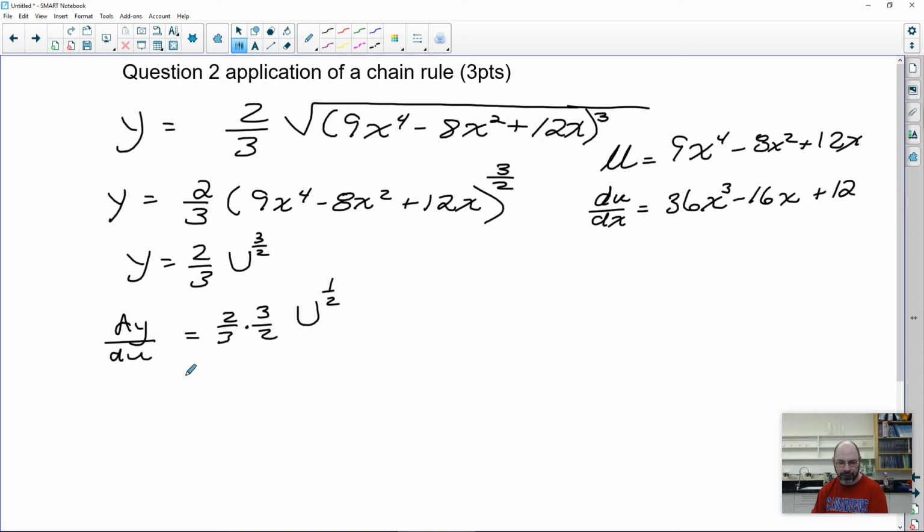So this is going to equal 6/6 u to the 1/2, because 6/6 is just 1. And then we have to do the chain rule now. We have to do dy/du times du/dx to get dy/dx.